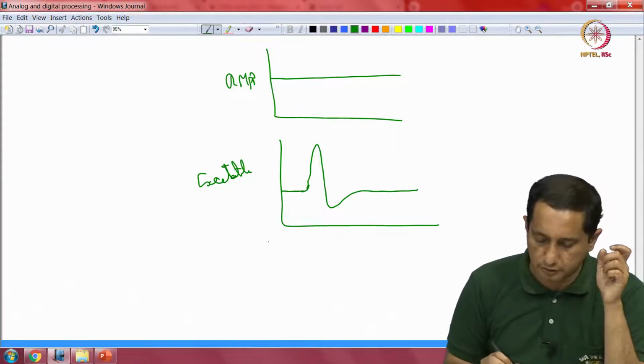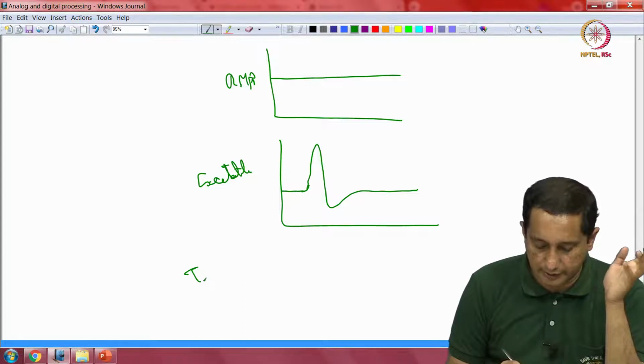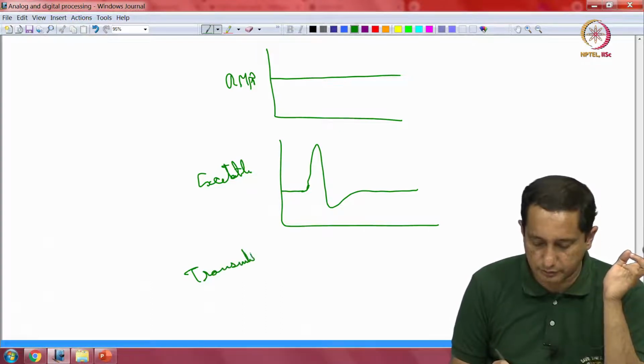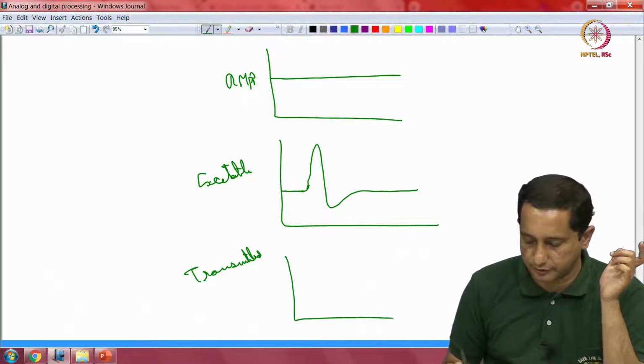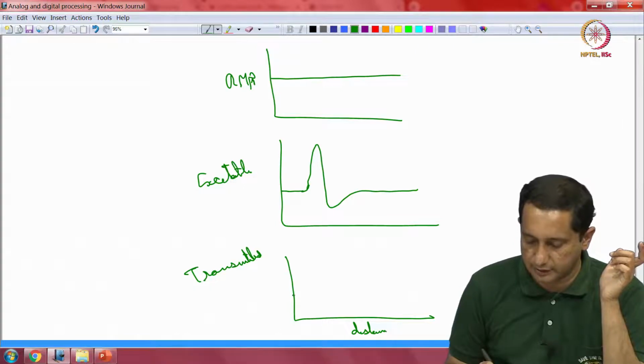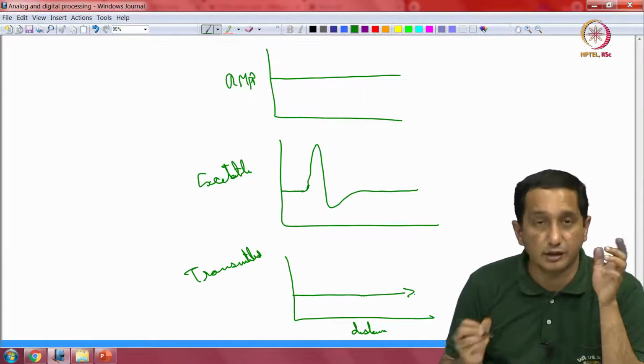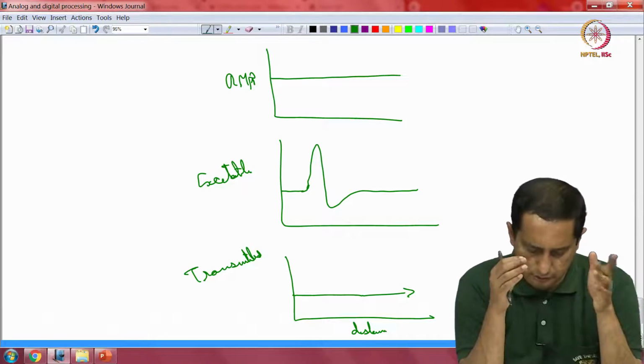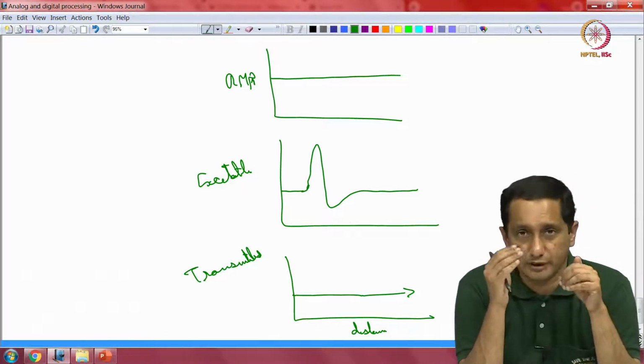Now, we also came to know that it is transmitted. So, starting with time, and distance, a signal can get propagated along the length of an axon. So, this is where we have stopped.